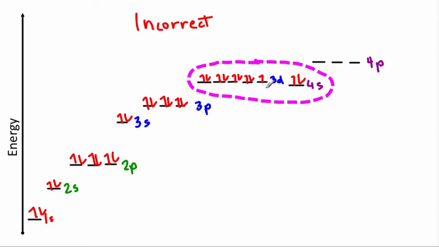Now, we can't always make that happen, but in this case we could, because for copper, we could promote an electron from the 4s and move it into the 3d. Now that would leave the 4s halfway filled, but that's not the worst case. What we've drawn here is actually a higher energy state than what would be possible with the correct version. So let me show you the correct.